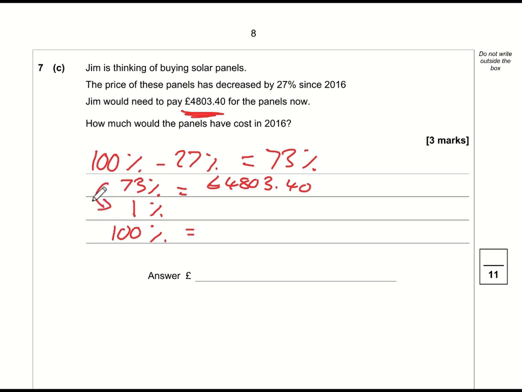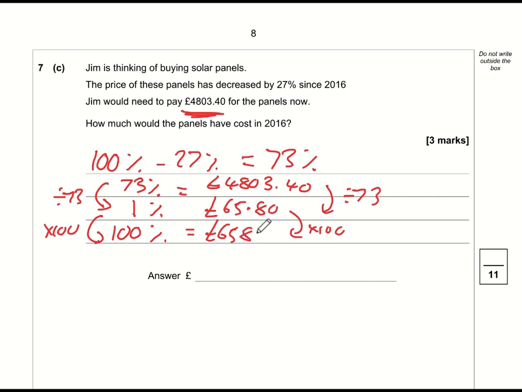Now that is 73 times less than 73%, so therefore I need to divide the £4,803.40 by 73, and that comes to £65.80. So if 1% is this amount, then 100% is 100 times greater. So all I need to do is multiply the £65.80 by 100, and that is £6,580.